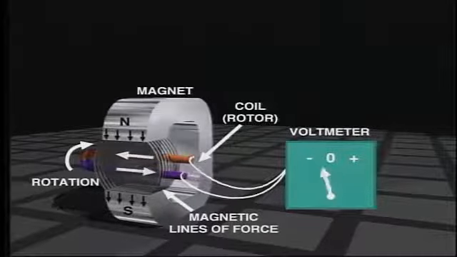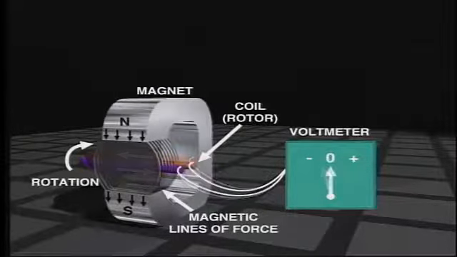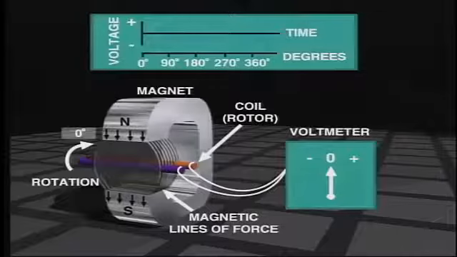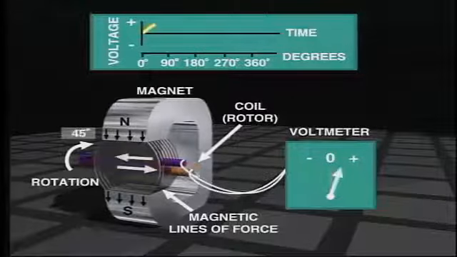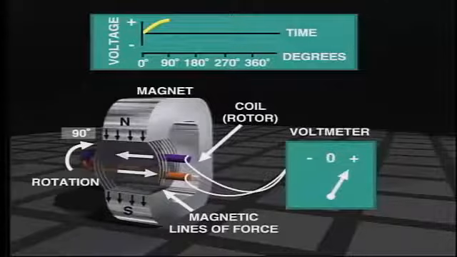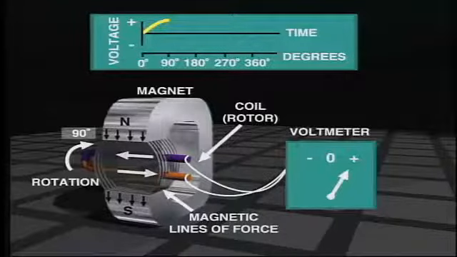When a conductor cuts a magnetic field, a voltage is induced in that conductor. At 0 degrees, the coil is not cutting any magnetic flux at all, and therefore the induced voltage is 0. The value of induced voltage is maximum when the coil is in the 90-degree position, because here we have the maximum rate of cutting magnetic lines of force.